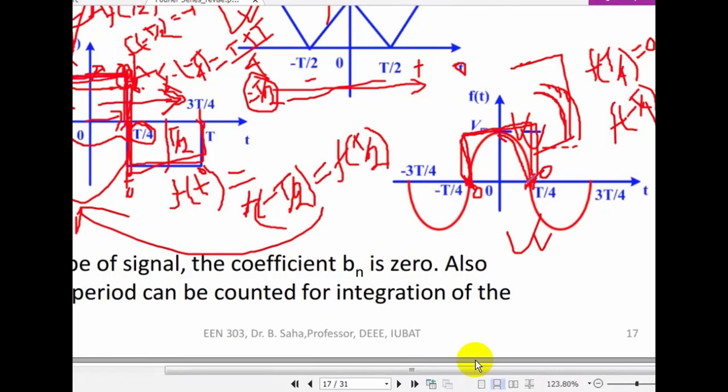This one also 0. If you want to split the time, what is the value of t here? Minus T by 2. And here, plus T by 2. If you write down f of t by 2 equals minus Bm.